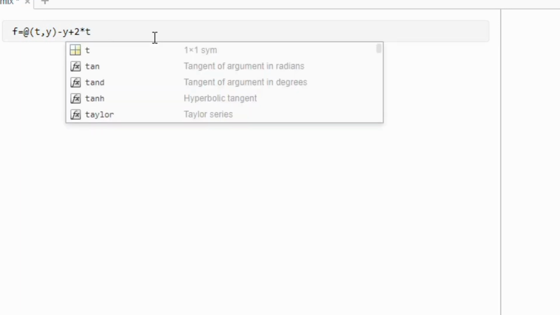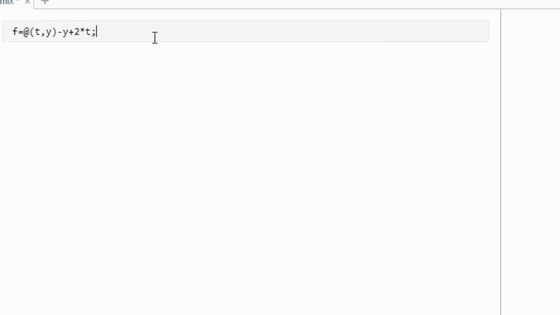Okay, now we see how this code works in MATLAB. f is equal to at the rate t comma y, minus y plus 2 multiplied by t. The same code you can paste over here.